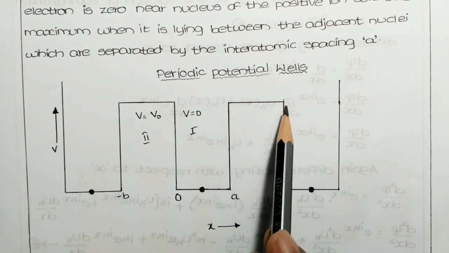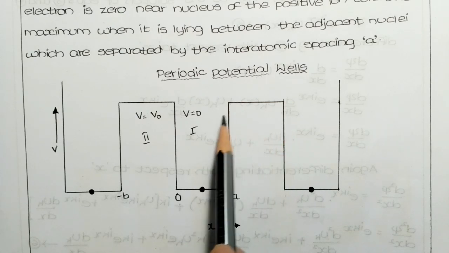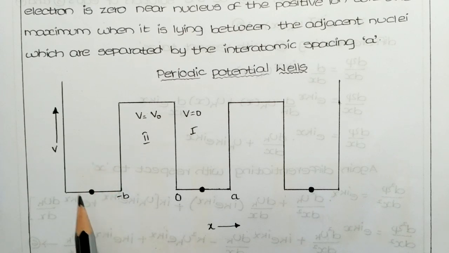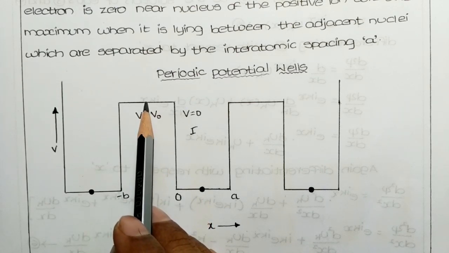The inverted potential well is called a potential barrier. If this is an ion core and this is an ion core, here the potential will be minimum, but in between these two ion cores, it means between these two atoms, the potential will be maximum.